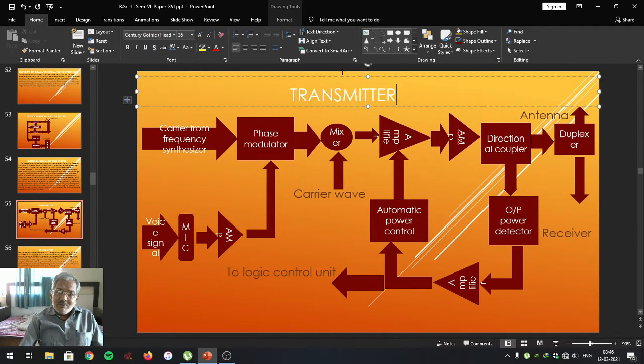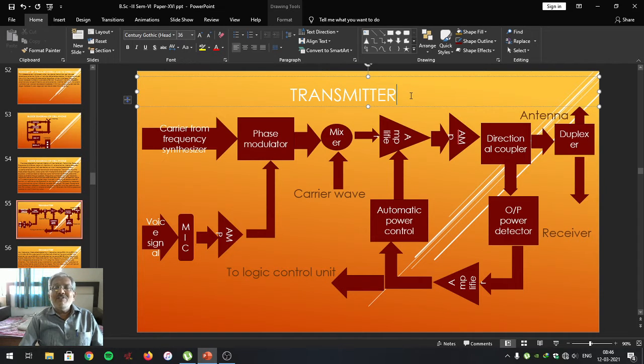Dear students, we know that the transmitter is connected to control unit, handset, through logical unit along with the frequency synthesizer. And finally, it is connected to the transmitting antenna through the duplexer.